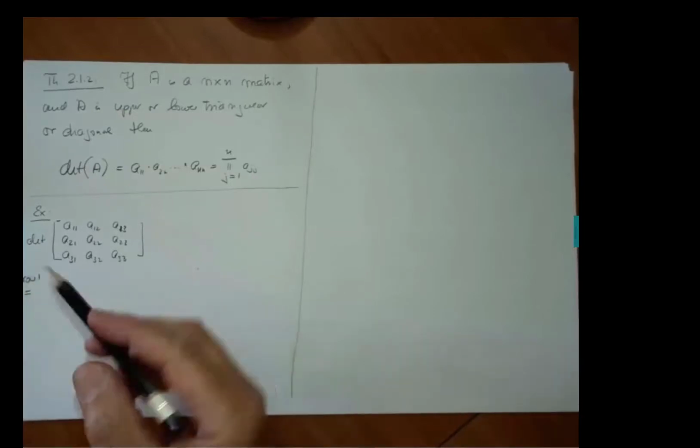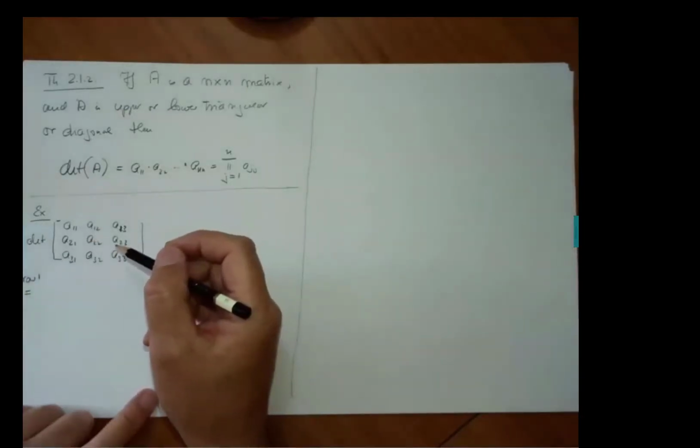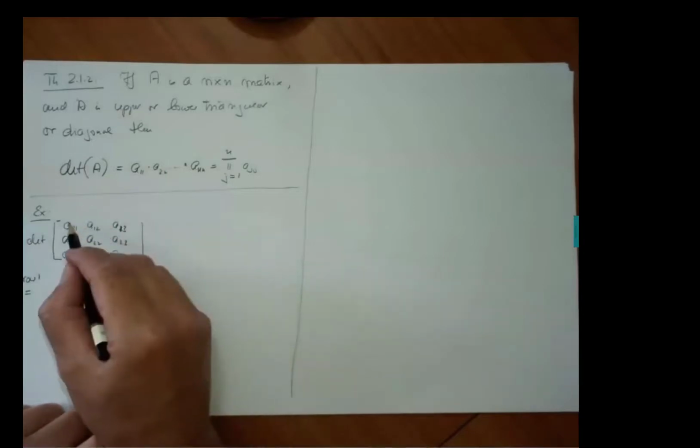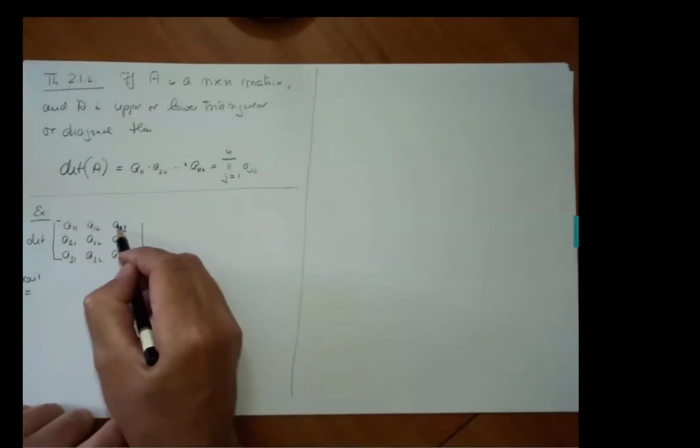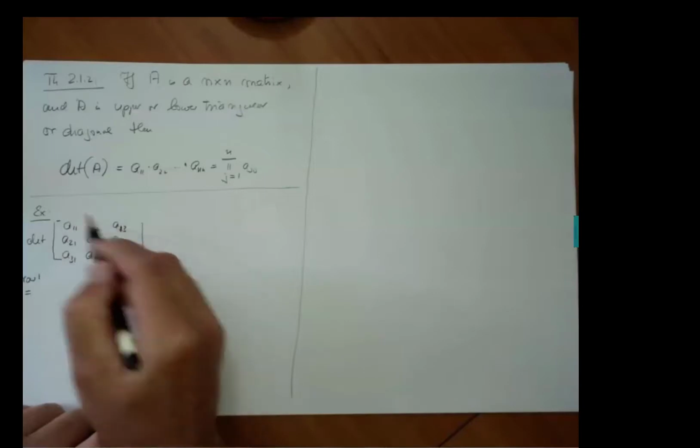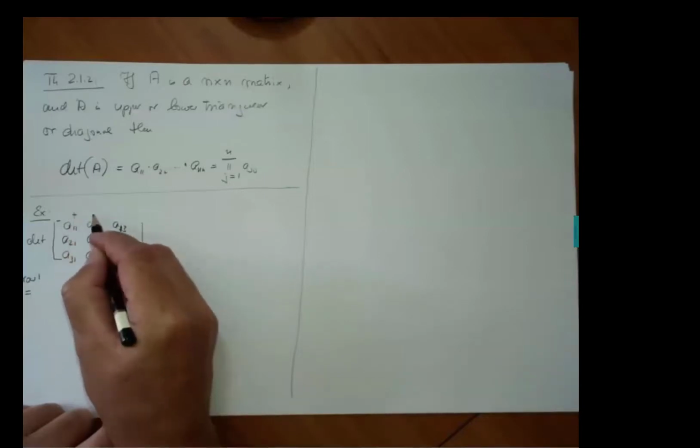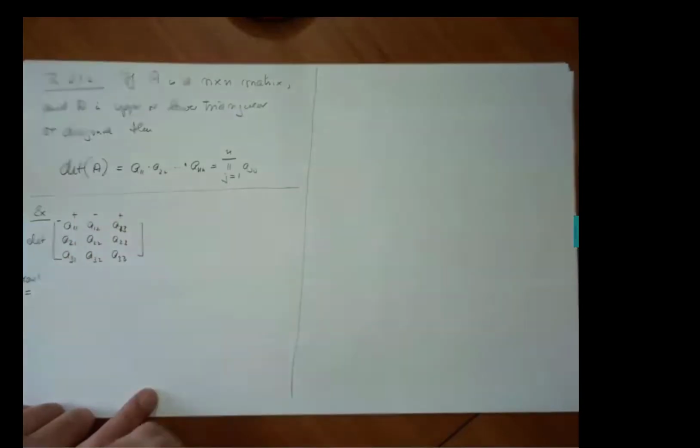So if we do row 1, what do I get? I use this, this, and this. And again, this one gets a plus, this gets a minus, that gets a plus.